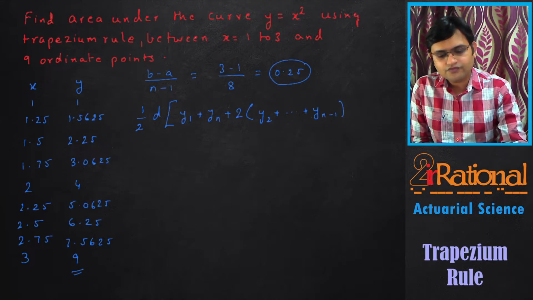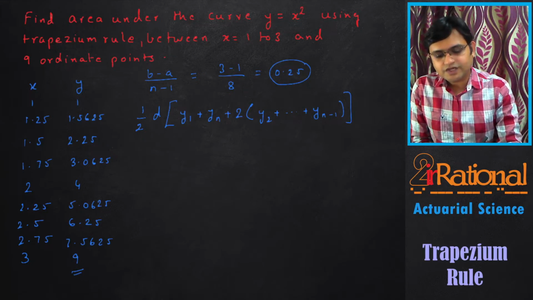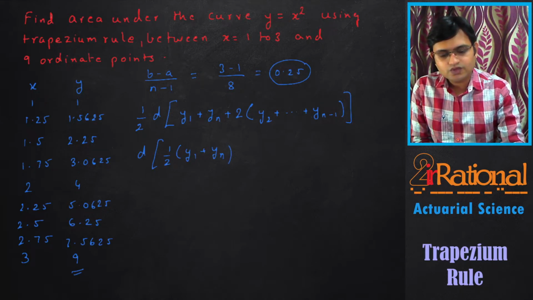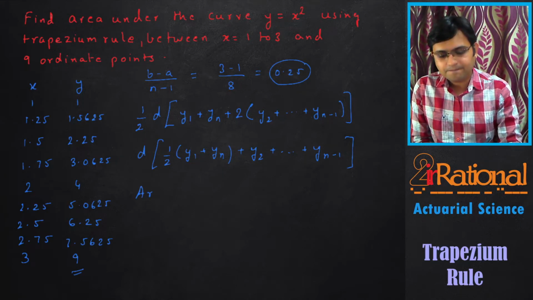This is one way of writing. The other way you can say it is d into (half of y1 plus yn, the last value, plus all others only once, y2 plus up to yn−1). However you prefer, you can write this formula. That would be our area.